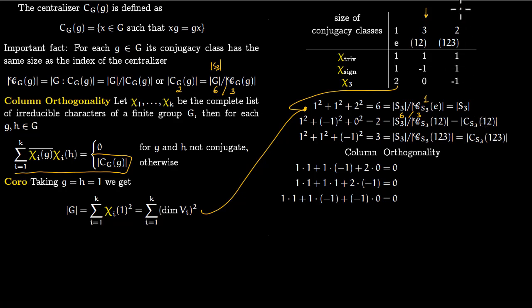Similarly for this, now you focus on this conjugacy class. Everything is real, so you just multiply and square the term. So 1 square plus 1 square plus minus 1 square gives you 3. And this is the size of your centralizer. Basically you have 6 divided by the size of the conjugacy class, which is 2. 6 divided by 2 gives you 3, which is the size of the centralizer.